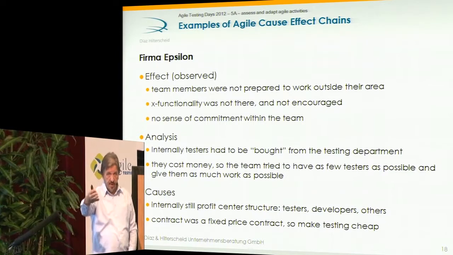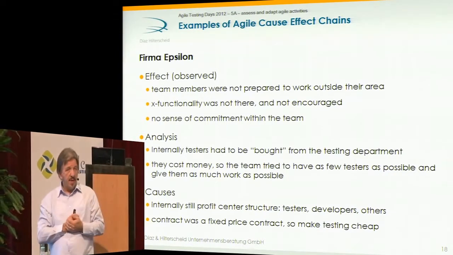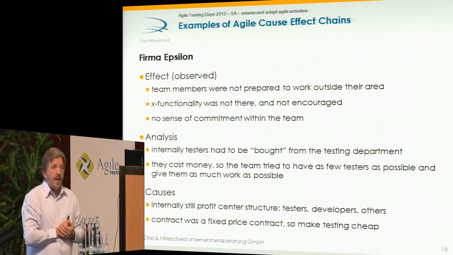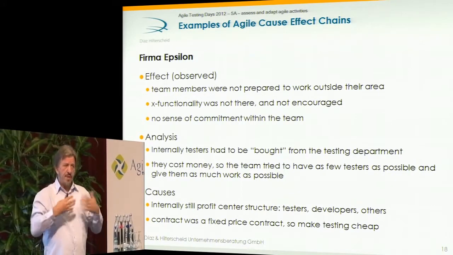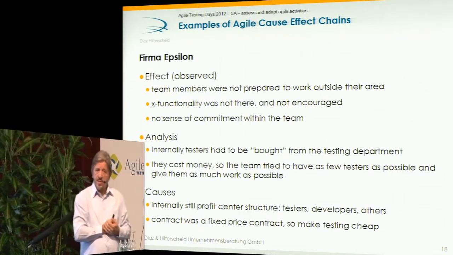They had to pay for that. Internally, these were different cost centers. So the developers got the contract from the customer. It was a fixed price contract. And they were not allowed to use all the money for the development resources. They also had to use some of the money for the testers.